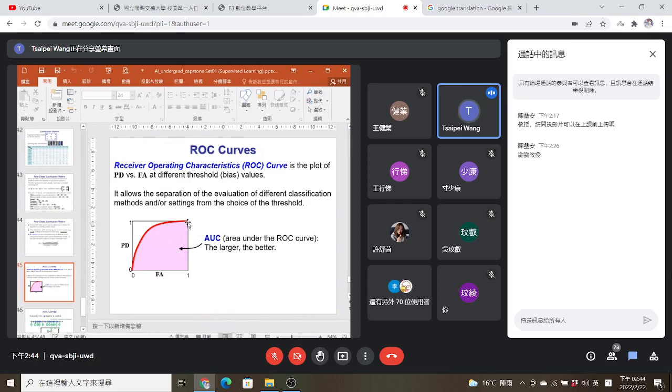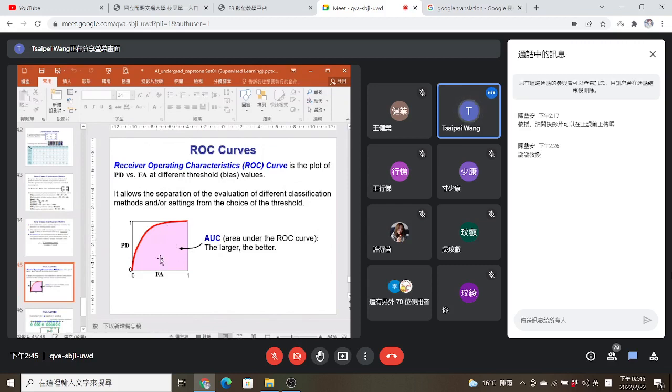Those are the two extreme cases, two extreme ends. One is to call everything negative, which is here. When you call every sample positive is here. If everything is a perfect prediction, then that's that point. Everything correct. So usually what you compare is called the AUC, or area under the curve.